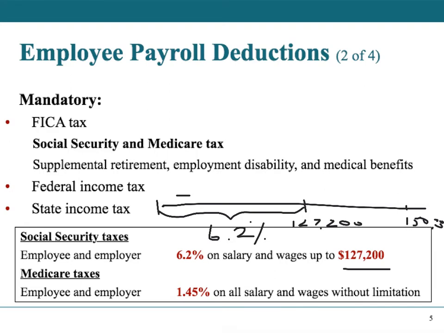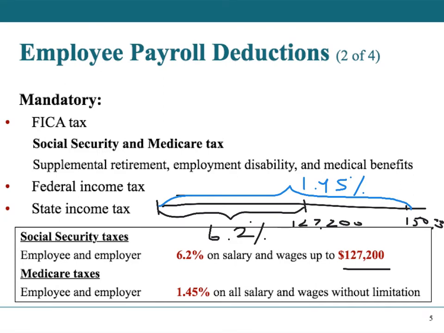But Medicare taxes are without limitations, so my whole annual salary of 150 is subject to 1.45%. In some of the smaller exercises, like brief exercises, they will just say that all earnings are subject to FICA, meaning both, and they will give you the percentage, which will be 7.65.